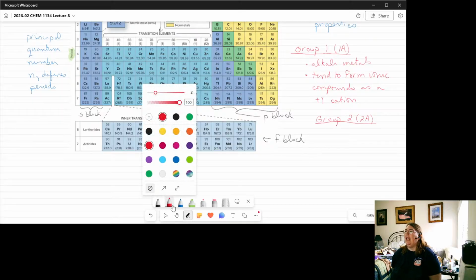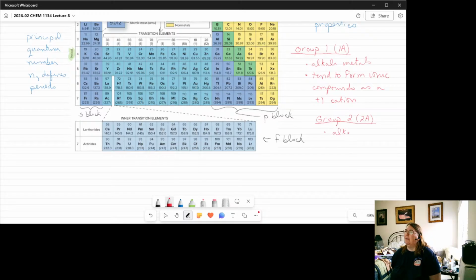These are called the alkali earth metals. And before you ask, yes, you need to know these names.